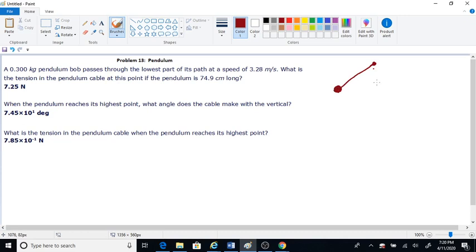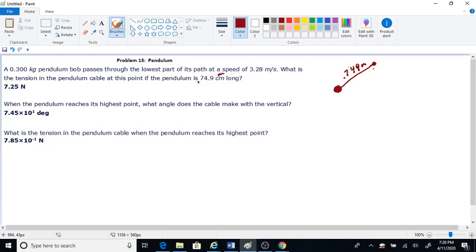What we know is that this is 0.749 meters. I turned it to meters. It was centimeters. I just moved it over to the left, 1, 2, and there it is in meters. You got to turn it to meters.